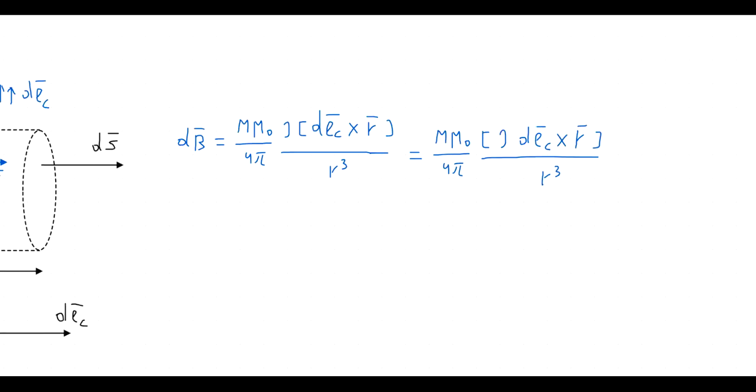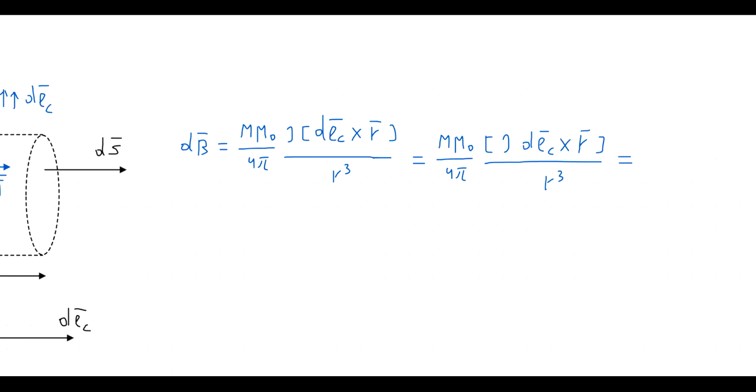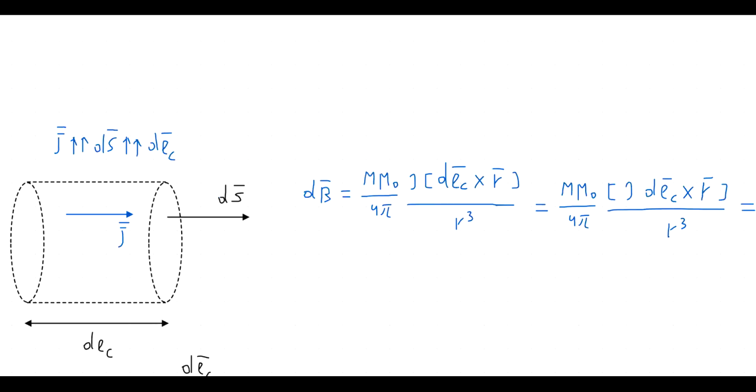Okay, and what can we write from here? As you know from our previous lecture, electric current is equal to the dot product of electric current density and dS.